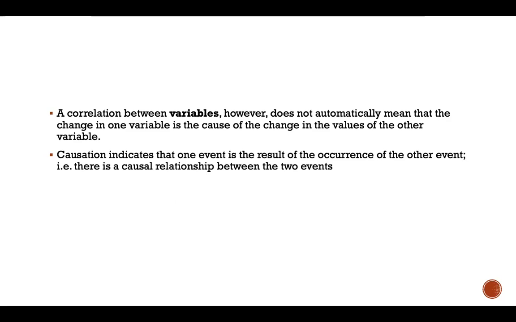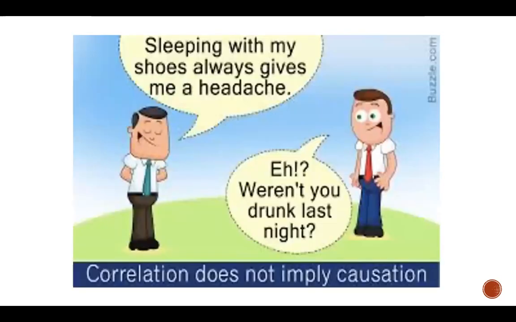If two variables are correlated, it is not necessary that they have a cause and effect relationship. They may or may not. Causation, on the other hand, represents that a change in the value of y is the result of a change in the value of x. That is the difference between causation and correlation.